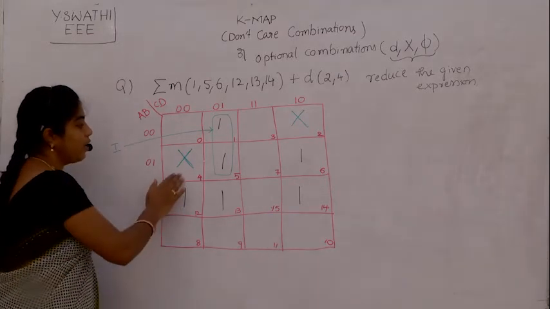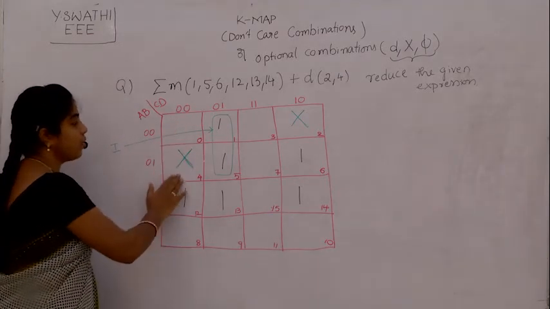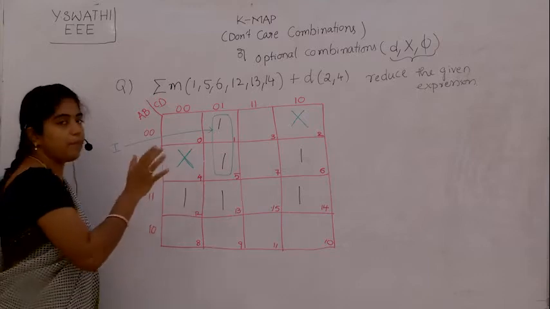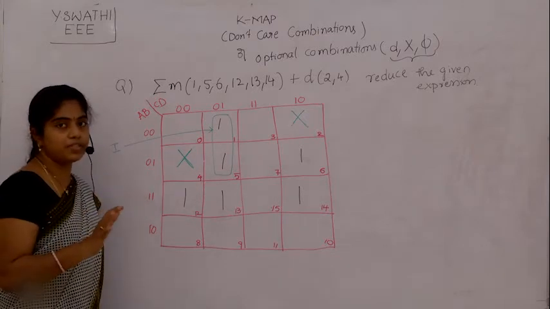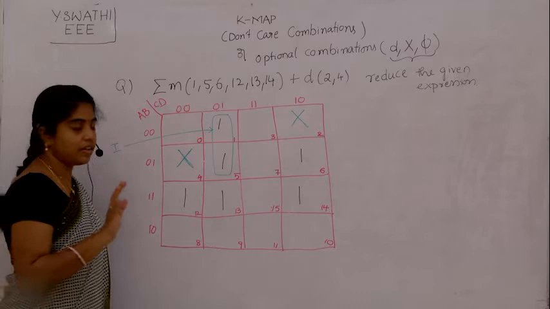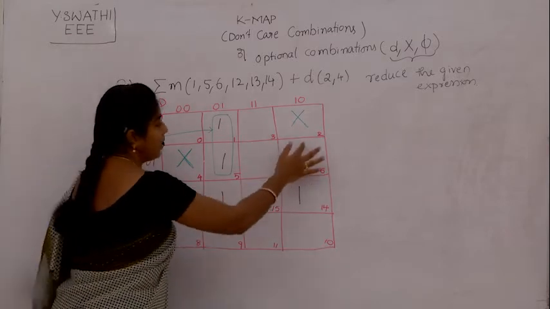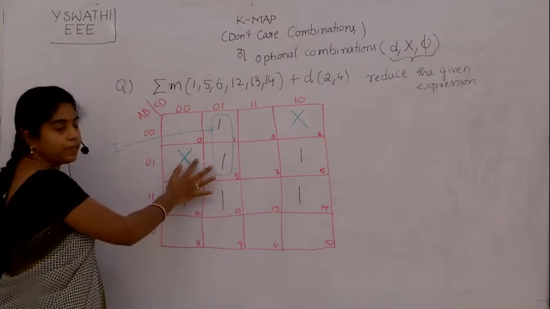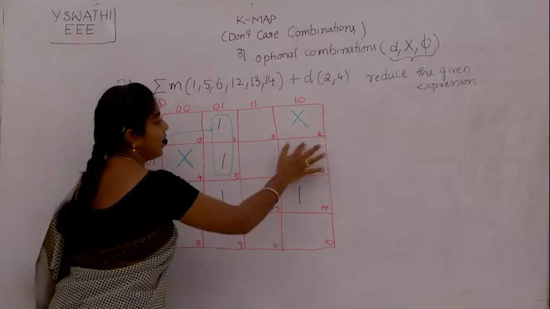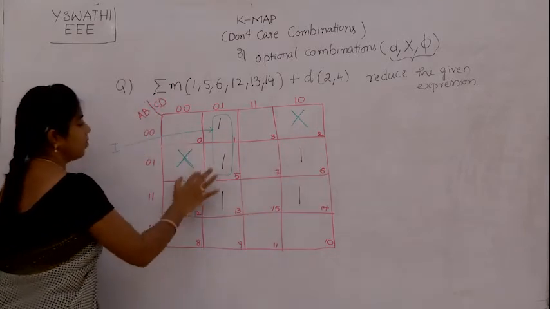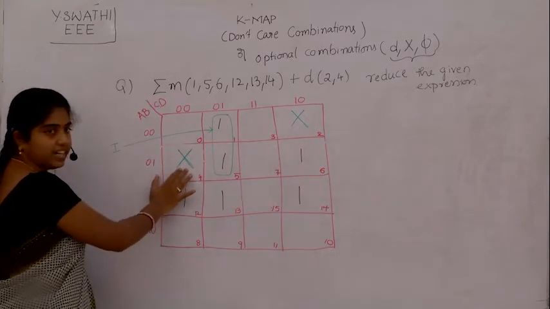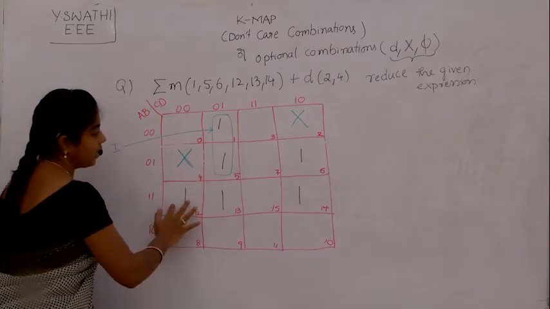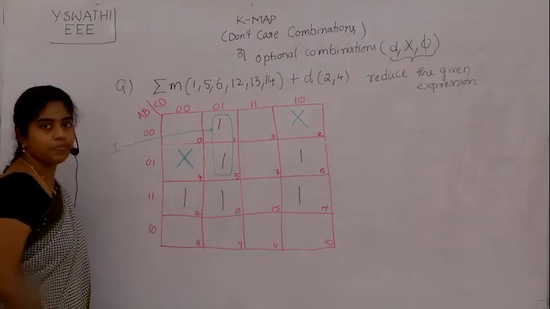Now what we said about don't care combinations: if it helps us reduce the expression, then we take it as 1, right? So if I take this as 1, I can form a quad here, or otherwise I can quad with this 4.